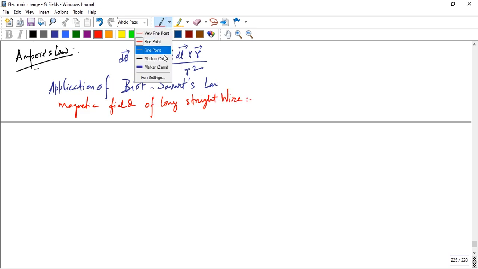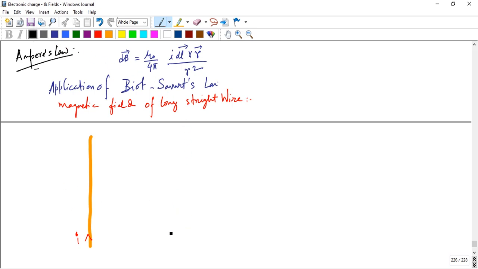Now we take a straight wire. Suppose we consider that's the straight wire, and current goes in the upward direction. We calculate the magnetic field in the surroundings of that wire.